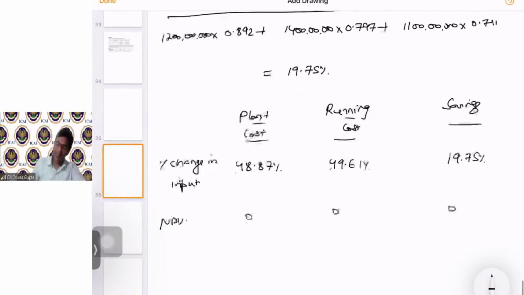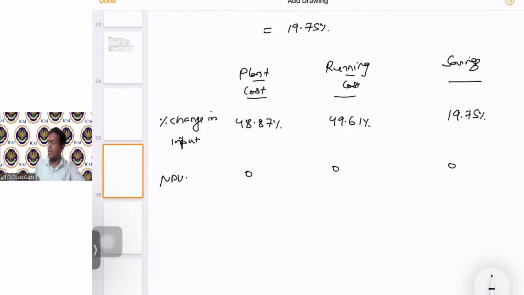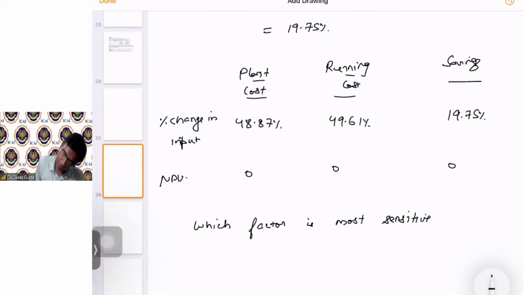Now, students, comes the last question from me to all of you. Can you tell me, using this table, which factor is most sensitive to NPV?